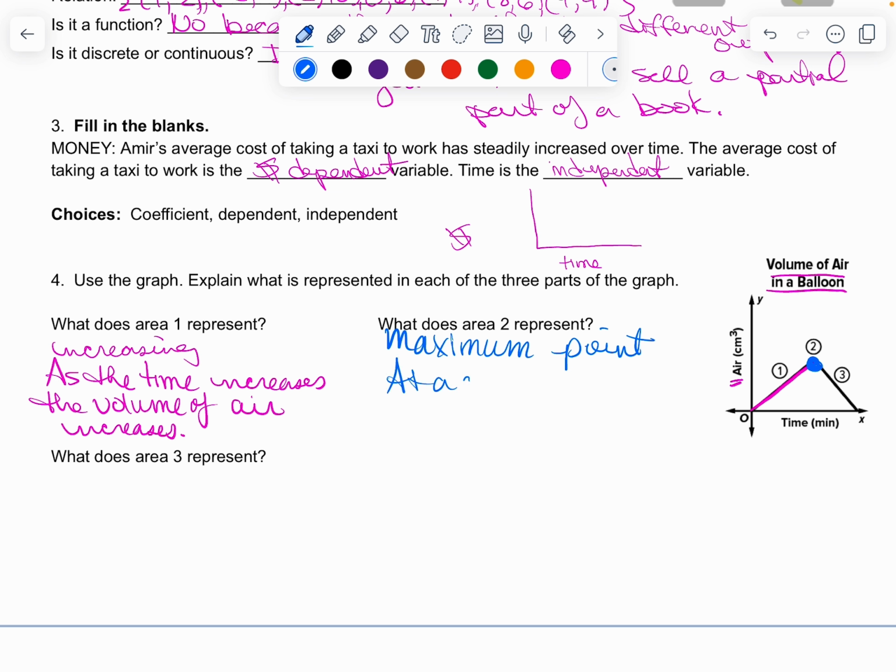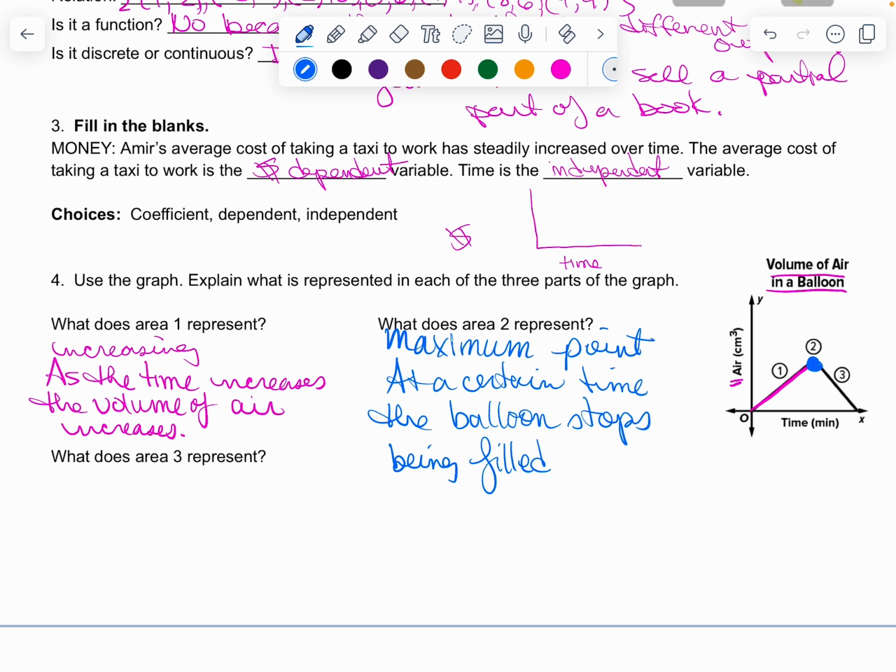At a certain time, the balloon stops being filled, or I guess I could have said is totally filled.